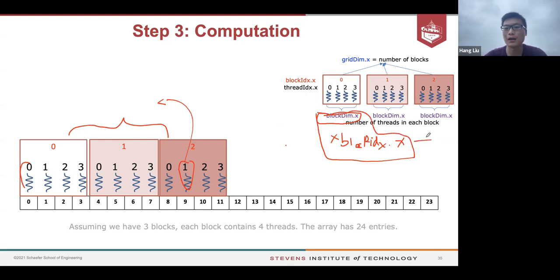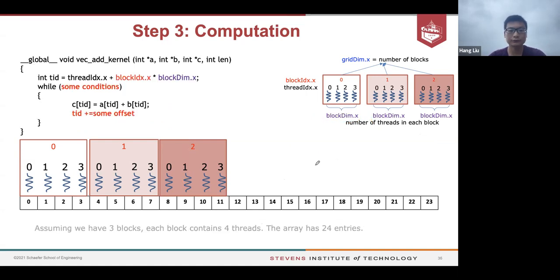And then plus the thread ID in the block, right? That is the exact ID of the thread across the entire grid, okay? So that is how we calculate the thread ID across the entire grid. We use the block ID, multiply by the block size, plus the thread ID.